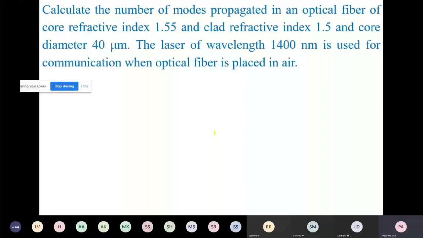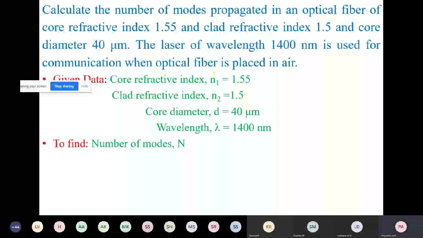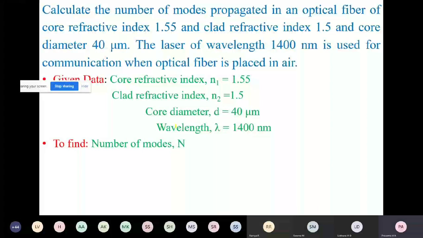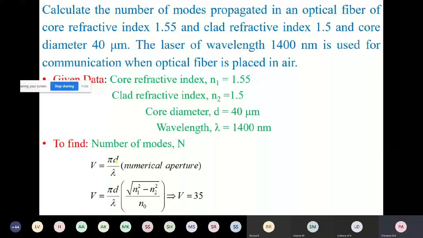And in this problem, we have to calculate the number of modes using the refractive index of the core and the cladding. Core and clad refractive indices are given, core diameter is given, wavelength is given, because the V number requires diameter, wavelength and numerical aperture. So we need the numerical aperture expression, square root of n1 square minus n2 square. If nothing is given about n naught, you just assume.